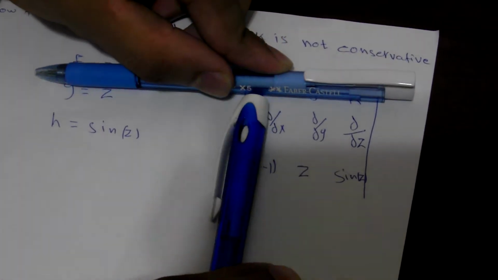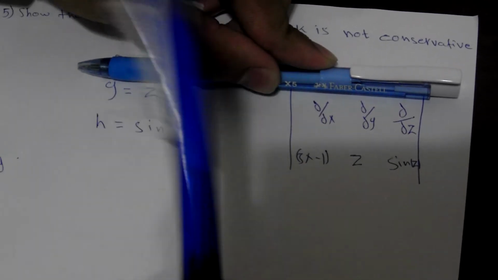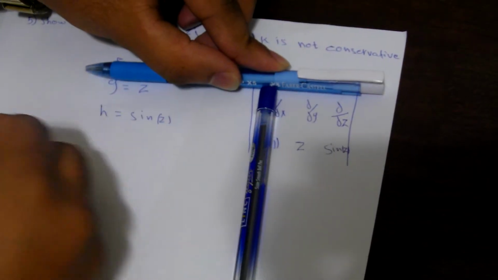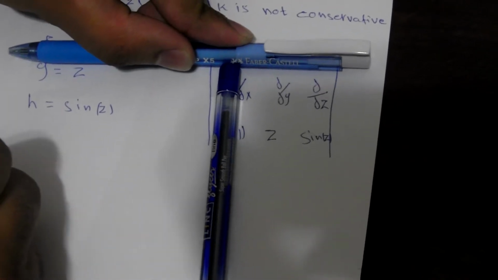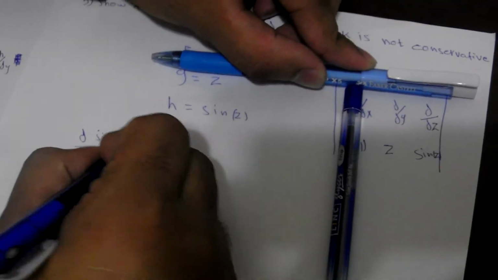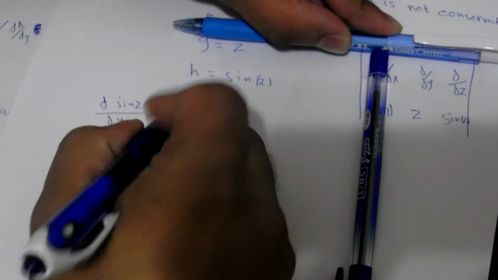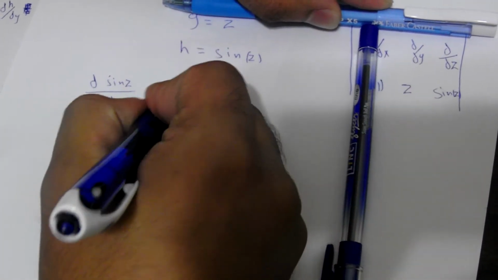You can find d(sin z) with respect to y, minus d(z) with respect to z.